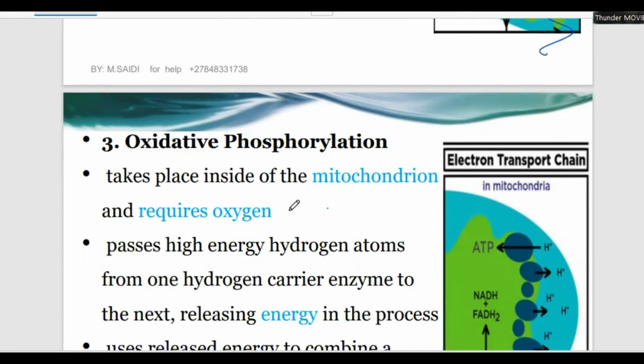Let's go to the oxidative phosphorylation. Under oxidative phosphorylation, what we got from the Krebs cycle enters, and what we got from glycolysis, that is the NADH, also enters the oxidative phosphorylation.